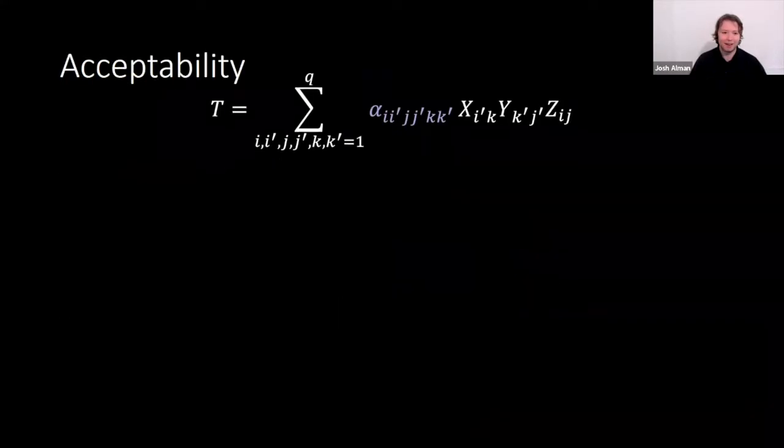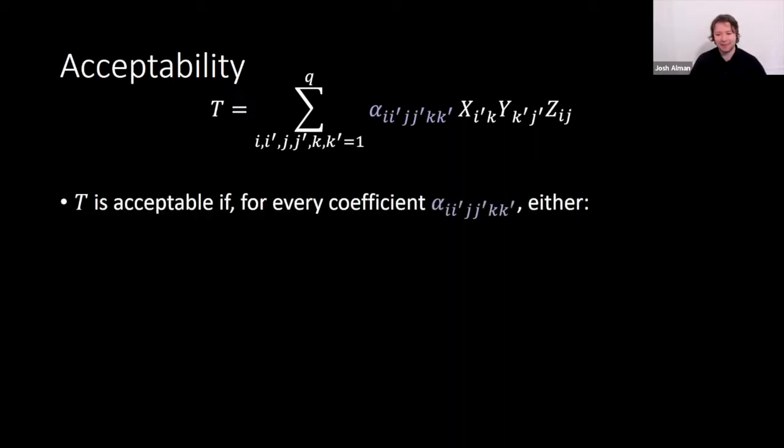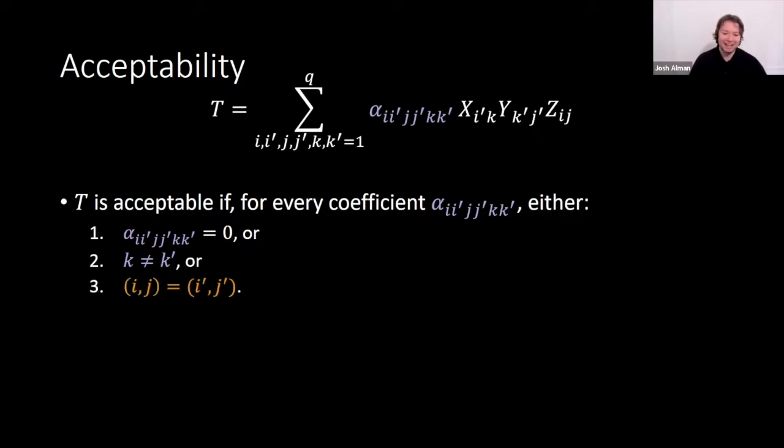Our approach only works for certain tensors that we call acceptable tensors. We say that this tensor T is acceptable if for each of its coefficients, either that coefficient is 0, or else k is not equal to k prime, or else i and j are equal to i prime and j prime.